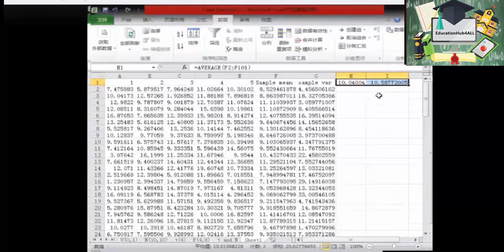So I just find the mean of the 100 sample means and the mean of the 100 sample variances. Now this is what I said. Sample mean is unbiased. Sample variance is also unbiased. Think about that. If I have 1,000, it can be very, very close. So this is why I said it is unbiased. What does unbiased mean? The true value is 10.